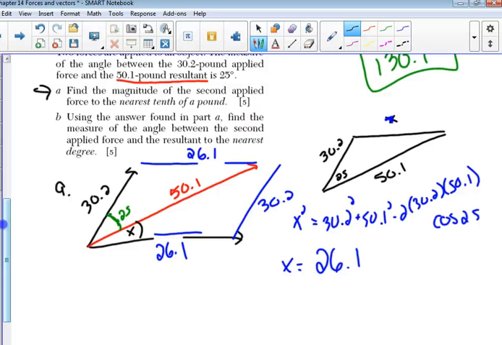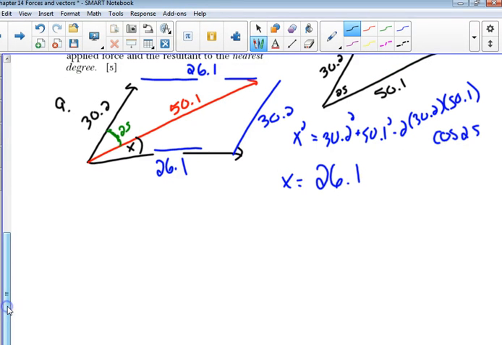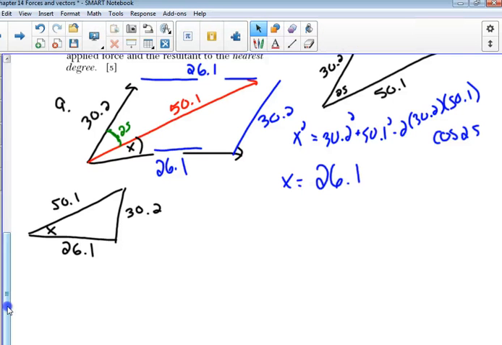Look at this part now. If you take this piece out again, cosine. If you put this in, this is your x. Here's your 26.1. Yeah, you could do it that way. You have a subtract, star 25. You're just going to have one extra step. It doesn't work because we get 1840.